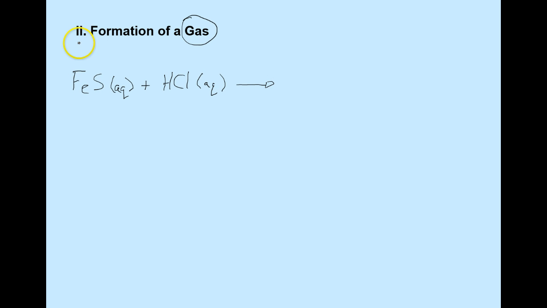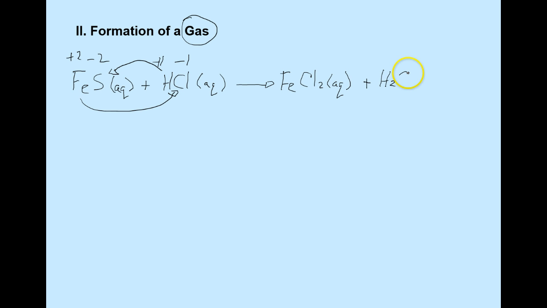Write our charges above: +2 on the iron, -2 on the sulfur, +1 on the hydrogen, -1 on the chlorine. Iron is going to react with the chlorine, going to give us FeCl2, which will be our aqueous solution. And then the hydrogen is going to react with the sulfur, giving us H2S.